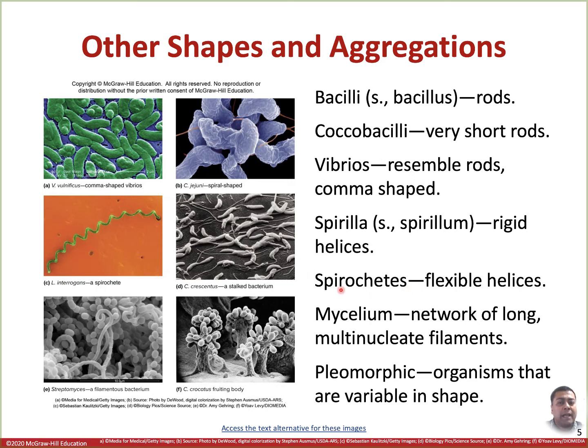Another group is the spirochetes, which are flexible, not rigid, helices. These bacteria are in constant motion. As they move in a corkscrew-like motion, they produce this type of structure. So this is a dynamic structure of a flexible helix.